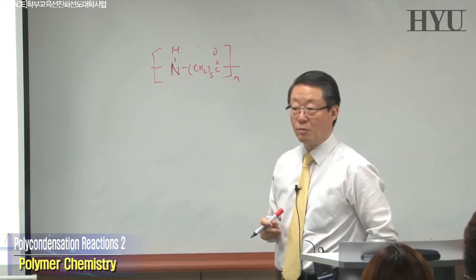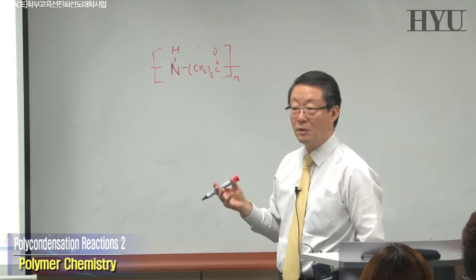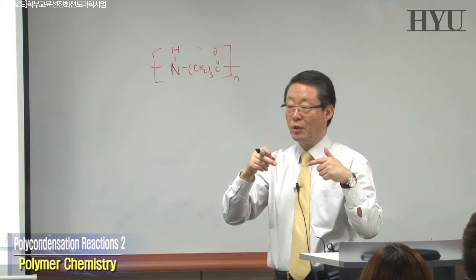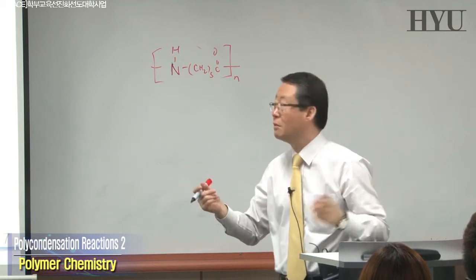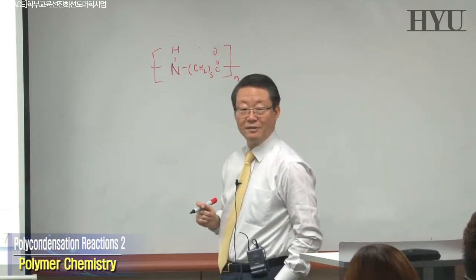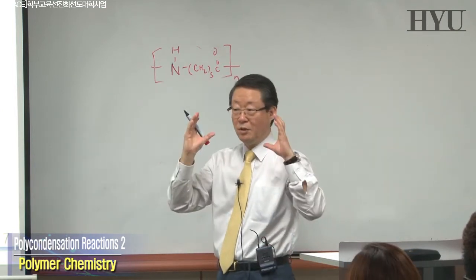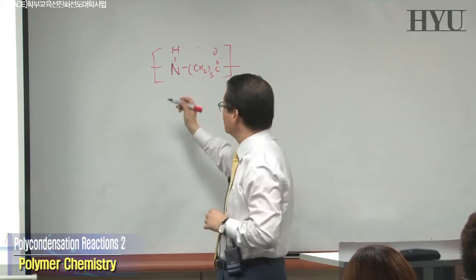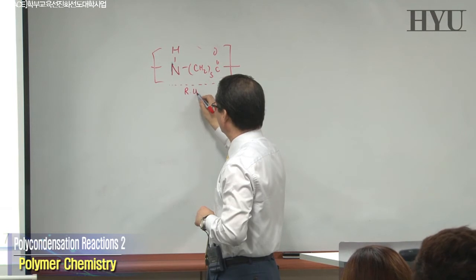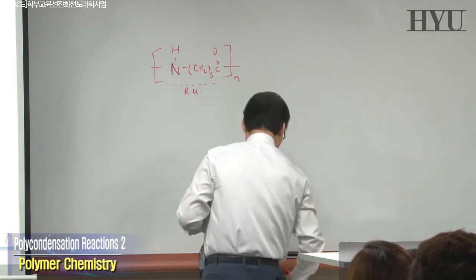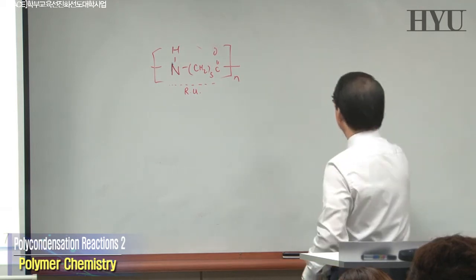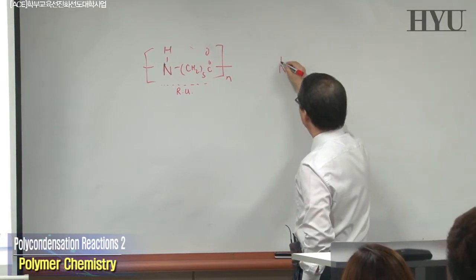Nylon 6, or polycaprolactam, right? So from your caprolactam, it will be ring-opening polymerized to become nylon 6. Now, what is the repeating unit? The repeating unit is in between the brackets, right? So this is all the repeating unit. Let's say that this is the repeating unit, RU. What if we have nylon 6,6?